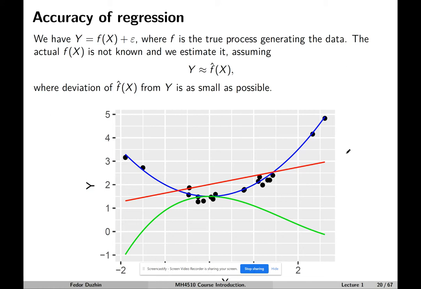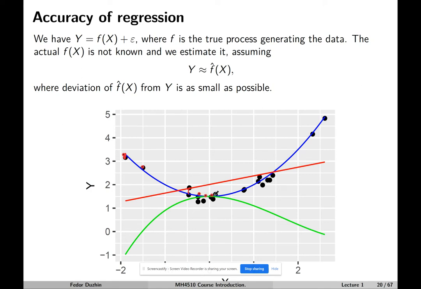So how do we quantify it? The idea is that we are going to measure deviation of each of these models from observed data. Deviation means the sum of these squared or just distances. Like for the blue model, this is a small deviation here, small deviation here, small deviation here.